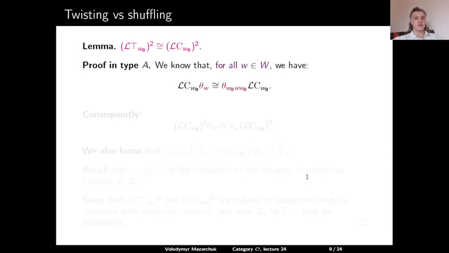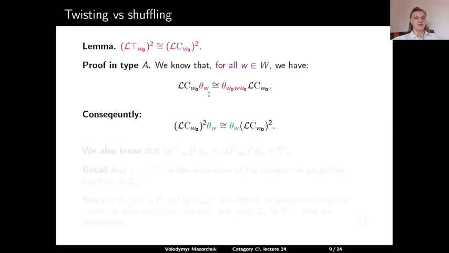We know that in type A, for any w in W, the composition of LC_{w_0} with θ_w is isomorphic to the composition of θ_{w_0 w w_0} with LC_{w_0}. So the left derived of C_{w_0} commutes with projective functors up to conjugation of the index by w_0.